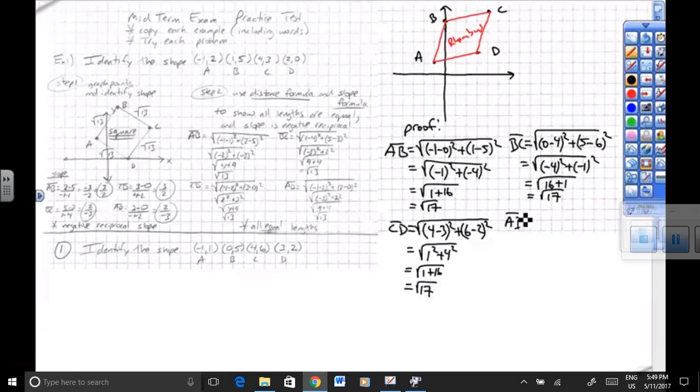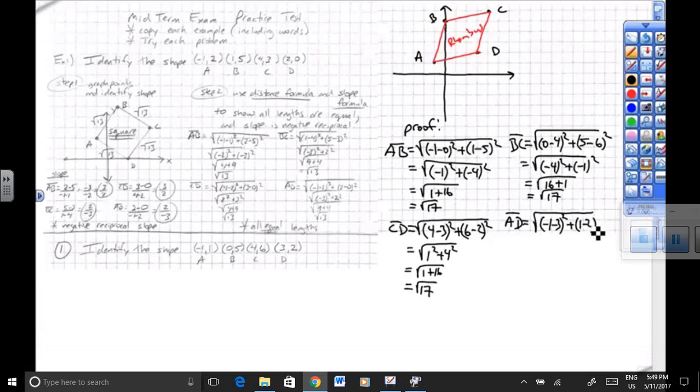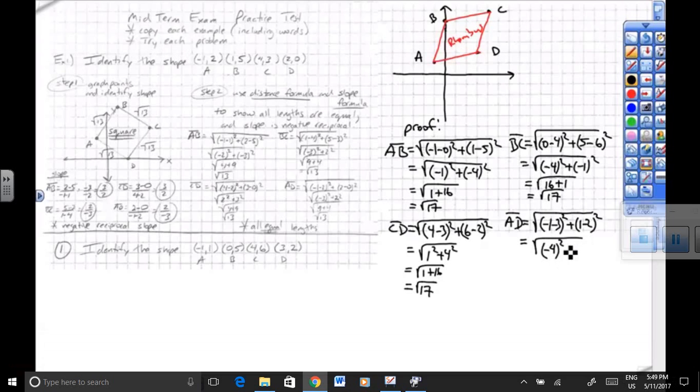Next, AD will be from negative 1 subtracting 3 squared, plus 1 take away 2 squared. 1, negative 1, and negative 3 combine to give me negative 4 squared. 1 minus 2 is negative 1 squared.